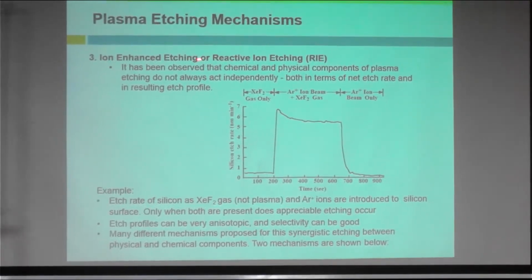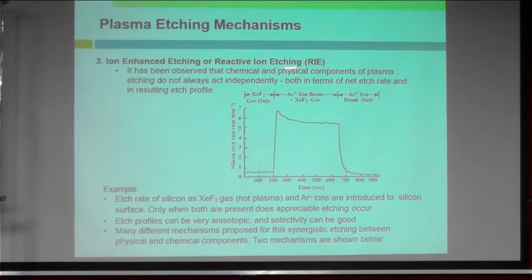So ion enhanced etching, or reactive ion etching, is quite a versatile process, and quite a complex process that can provide a good geometry shape of the pattern.